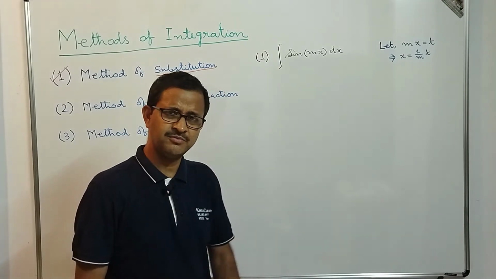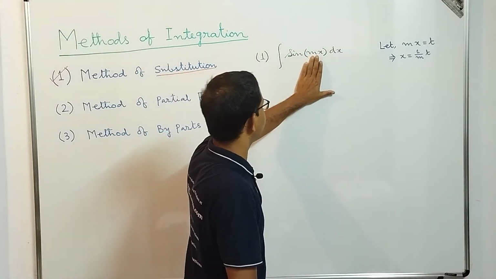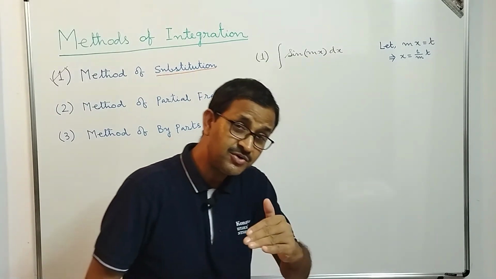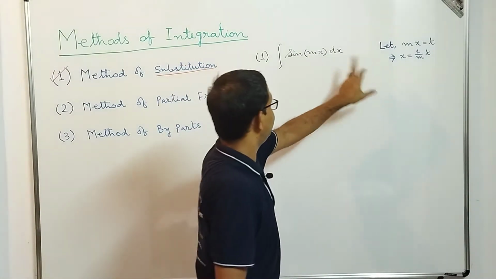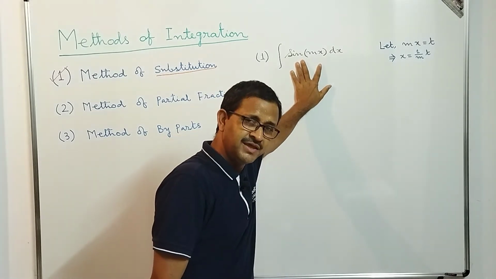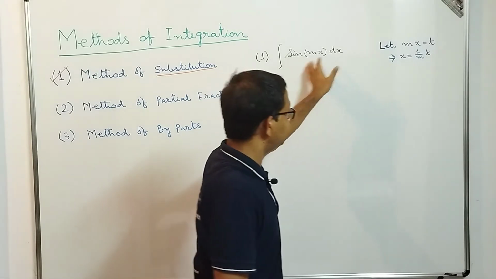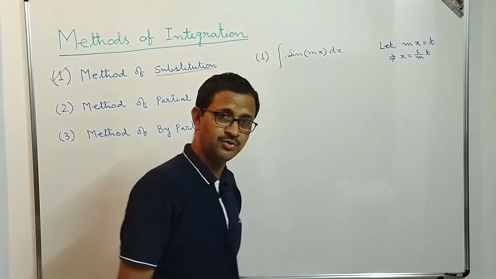How do you know that I need to take mx equal to t? That is a good question. For that you need to think a little bit ahead. If we take mx equal to t, we see that we are getting sin t. Integration of sin t is something known to us. That is the reason that we took mx equal to t.